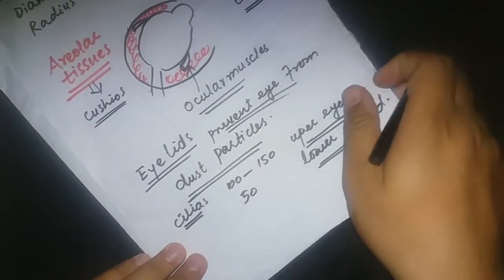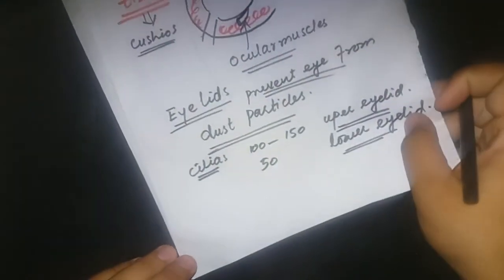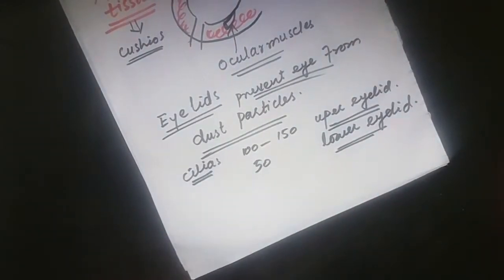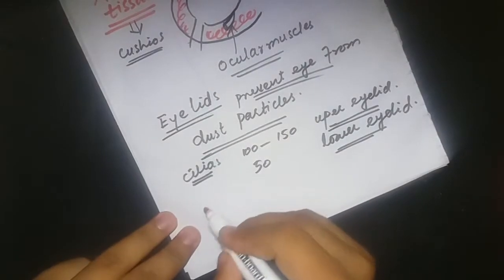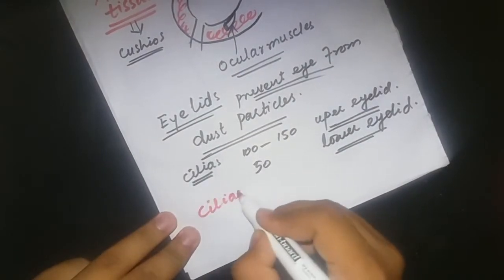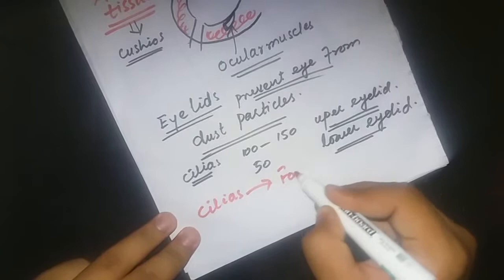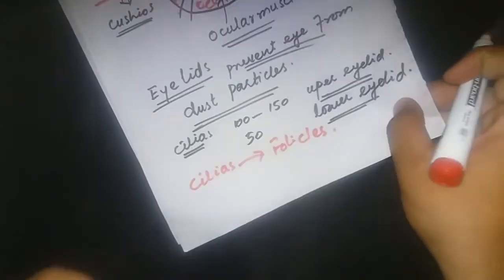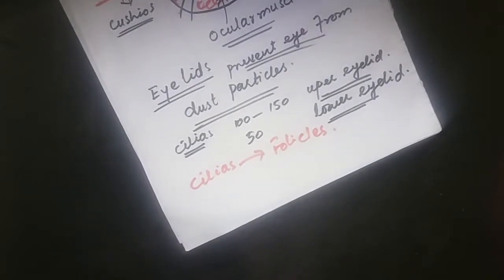Now, what is the function of these cilia in preventing the eye from dust particles? These cilia are present in follicles, and these follicles contain a lot of sensory nerve plexus.